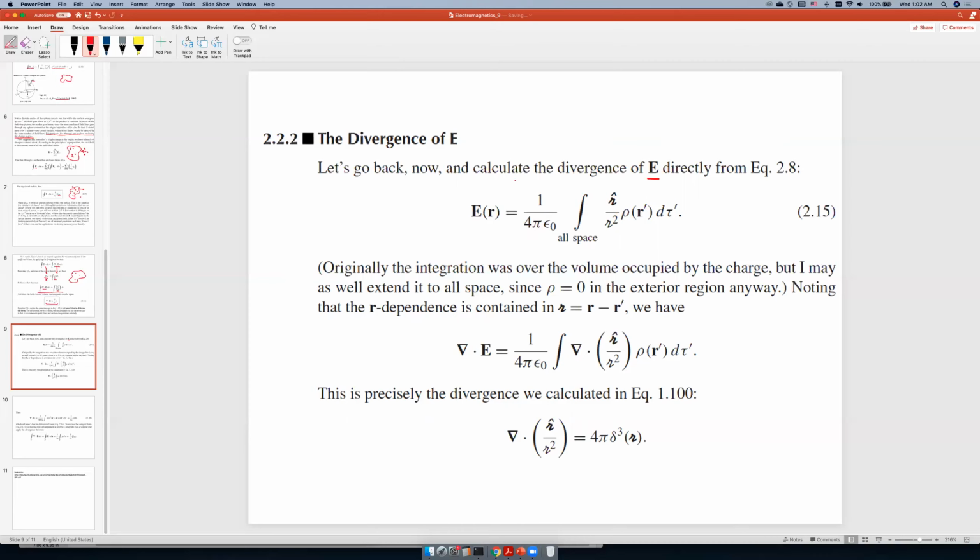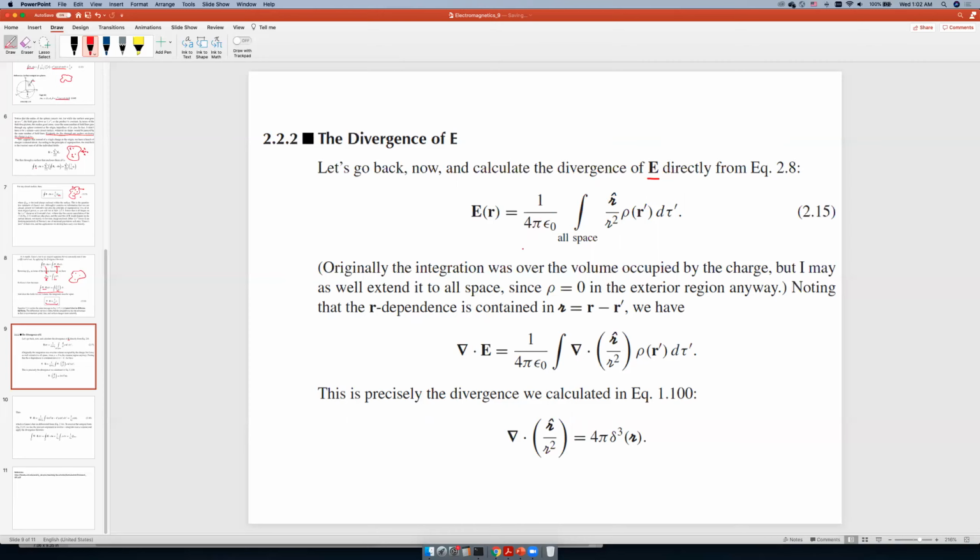If you calculate the divergence of E directly from the previous equation, you can try it. You can derive it purely based on mathematics, or based on your skill of integration.